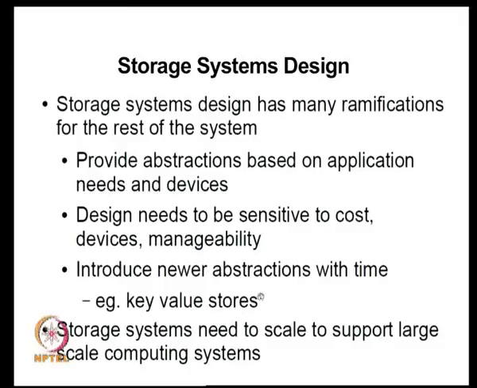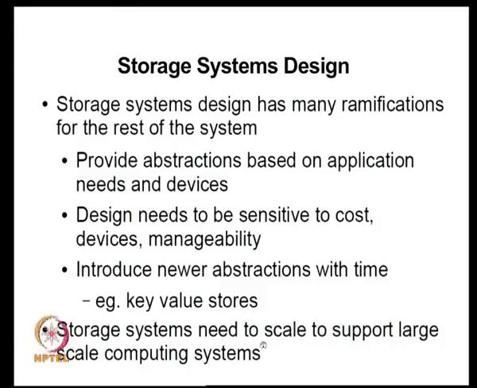For example, key value stores are an example. A good example of this is the Cassandra system from Facebook. That's a key value store. It's not a file system kind of model, it's a slightly different model. And you need to scale to support large scale computing systems.